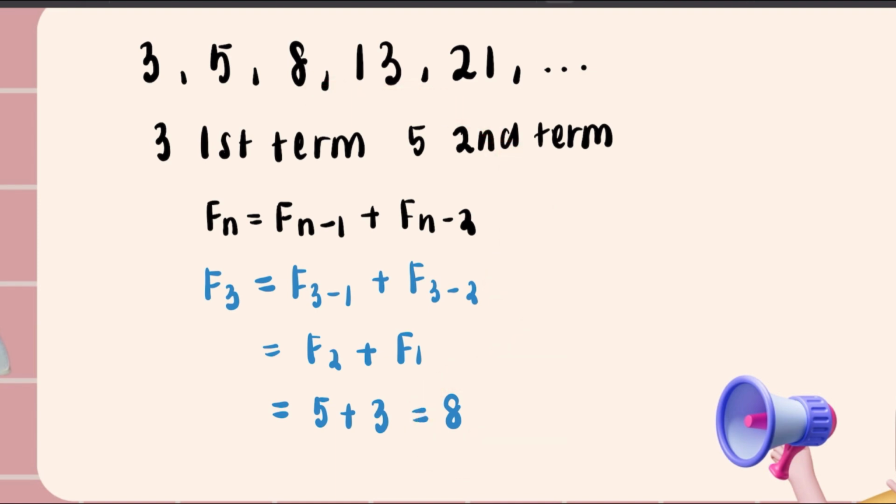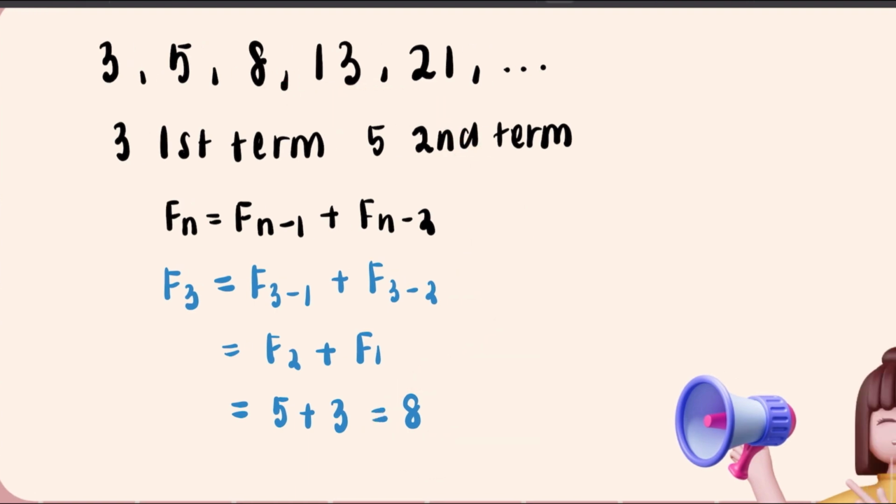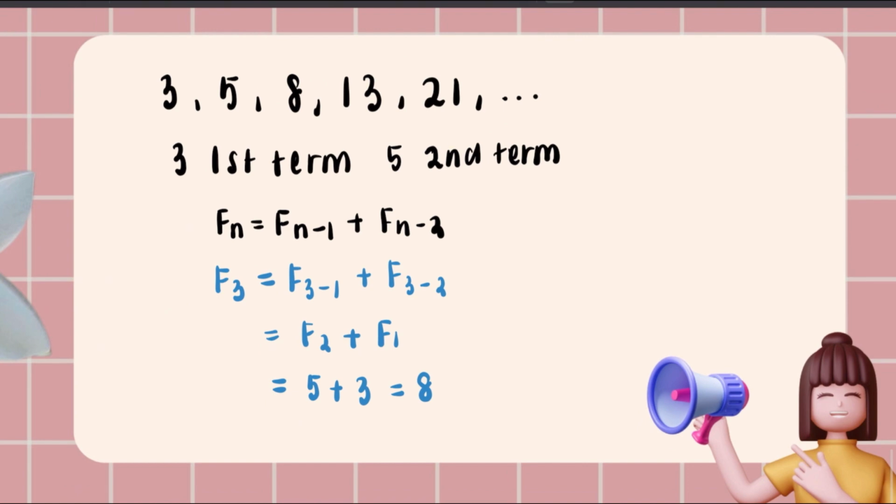But if you don't feel satisfied with your proofs, let's try to find F4. So, F4 equals F3 plus F2. And what is our F3? Our F3 is equal to 8, while our F2 is equal to 5.